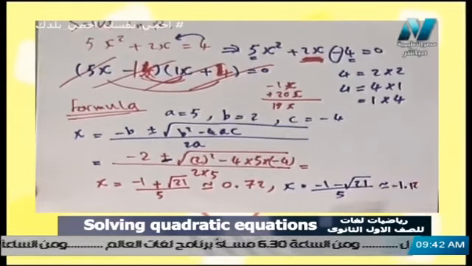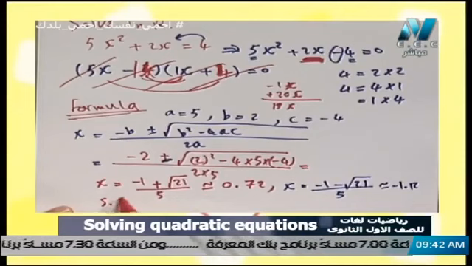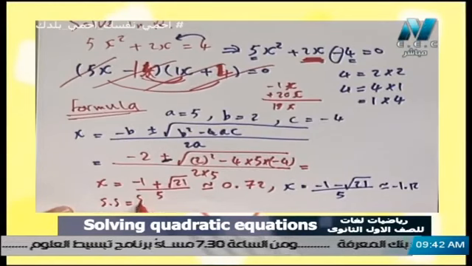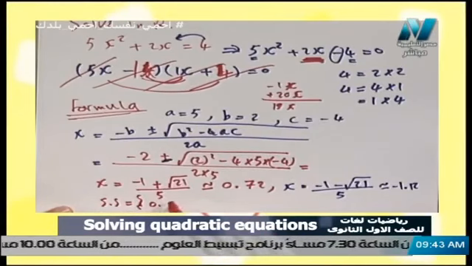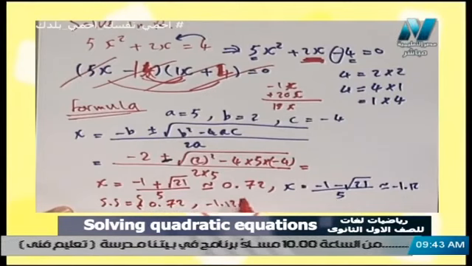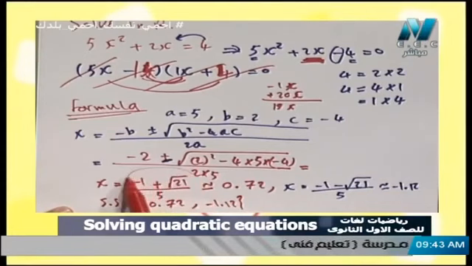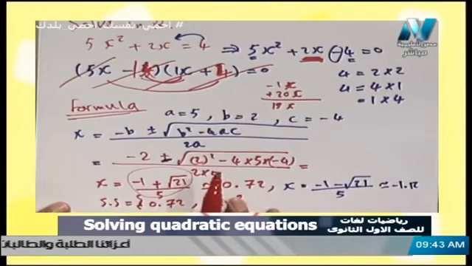Okay, so the solution set, or the two roots here, equals 0.72 and negative 1.12, and we can write this number here as the first solution instead of 0.72.